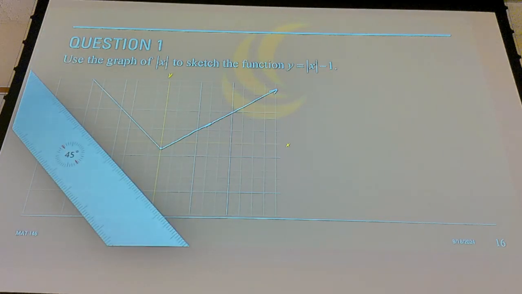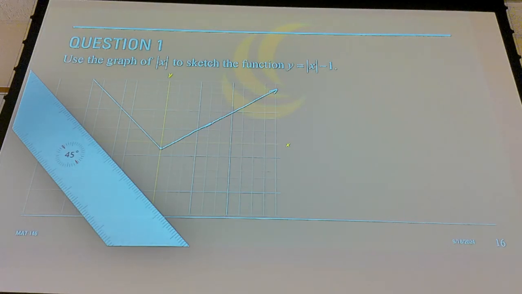It should be a 45-degree angle. No, the other side is pretty close. For that side, it should go through the upper right corner of every box. That means that the grid itself is off, because that should be a 45-degree angle.